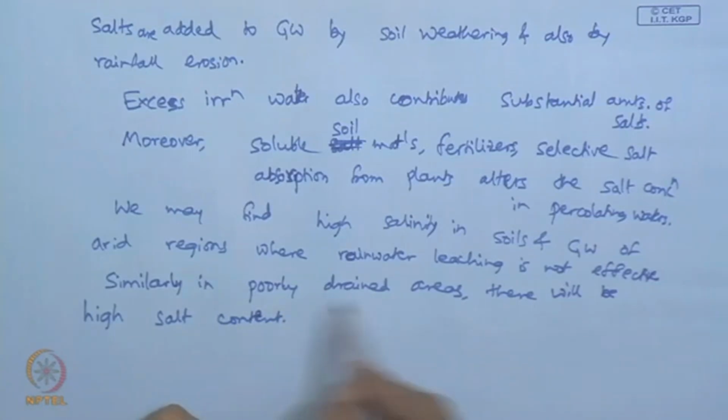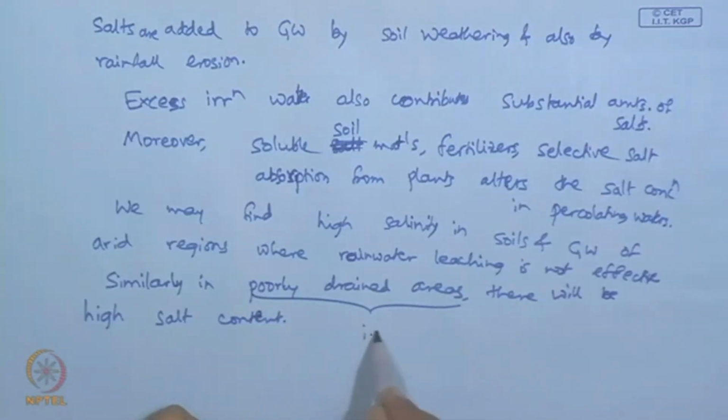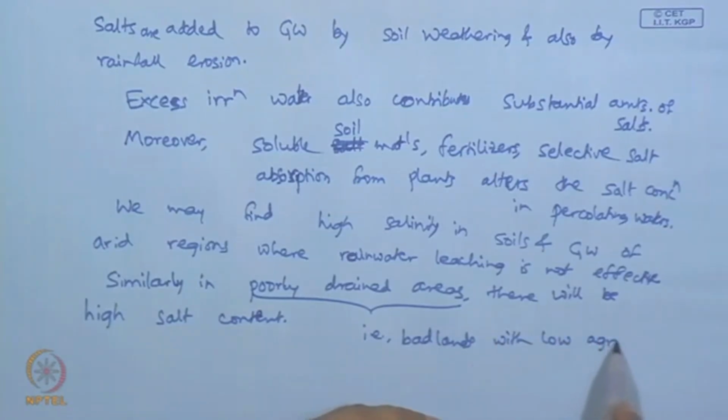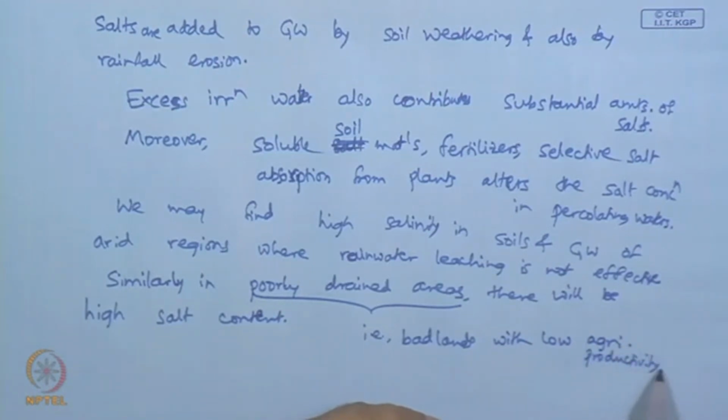These poorly drained areas are generally referred to as badlands, because of poor drainage with low agricultural productivity. So, this is how the salinity in soils varies.